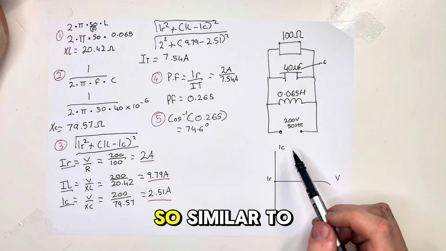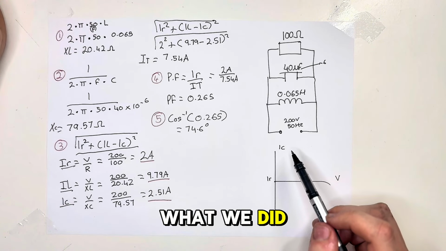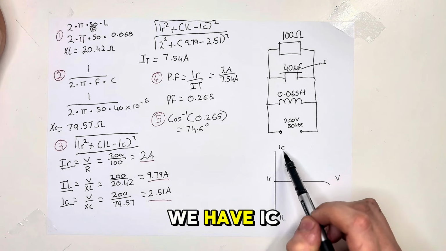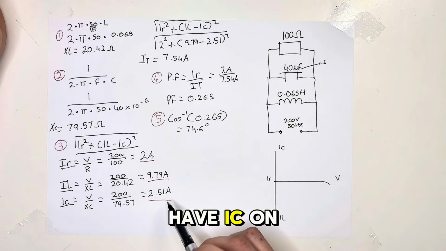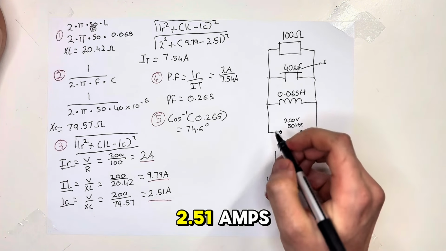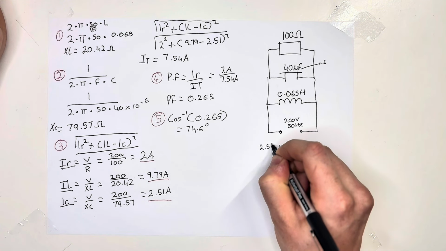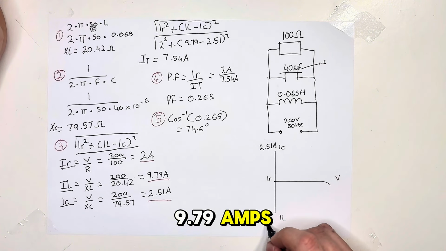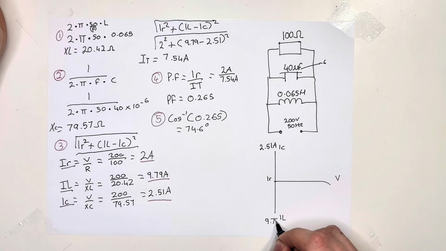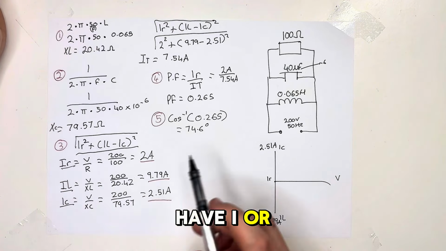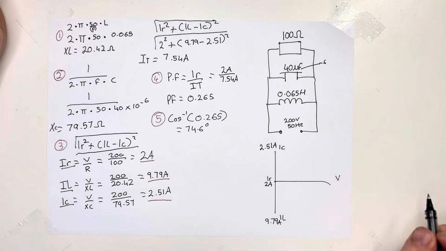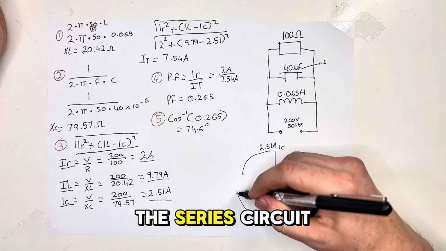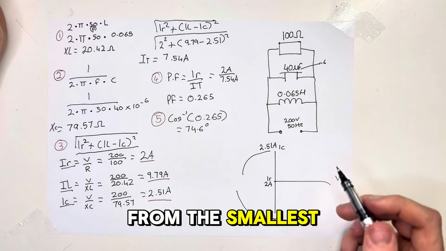So we have IC on top, that's 2.51 amps, IL we have 9.79 amps, and IR is 2 amps. The same as the series circuit, we're going to be taking the smallest from the biggest.